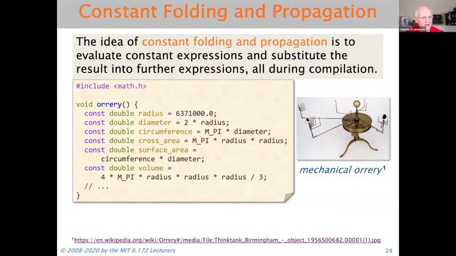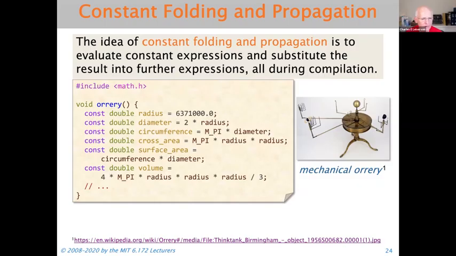When you compute the diameter as 2 times the radius, rather than having to calculate what's twice that number and put it into your code, you can simply ask the compiler to do it.